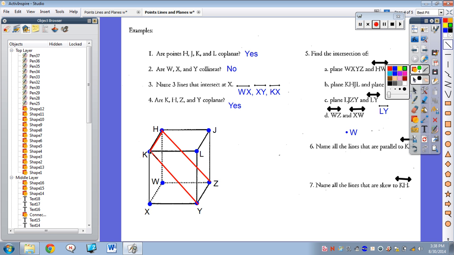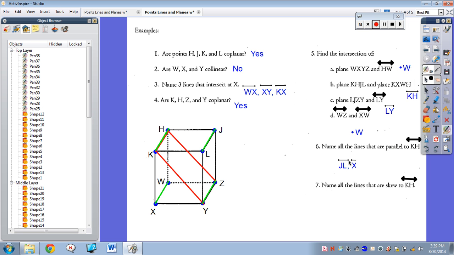All the lines that are parallel to that: one line that has the same slope would be LJ. Now look at all the other lines and which are going the same direction. YZ is another one, and then WX is your third one. So all of those lines are parallel to KH.